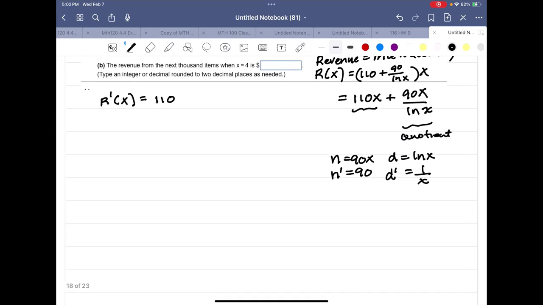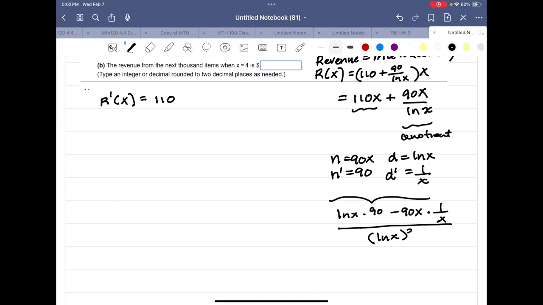So the derivative of all of this is going to be denominator, natural log of x, times the derivative of the numerator, which is 90, minus the numerator, 90x, times the derivative of the denominator, 1 over x, over the denominator, natural log of x, all squared.